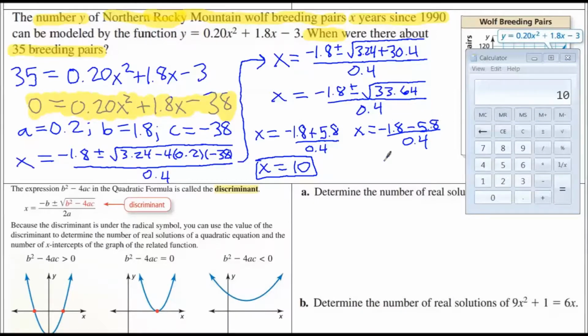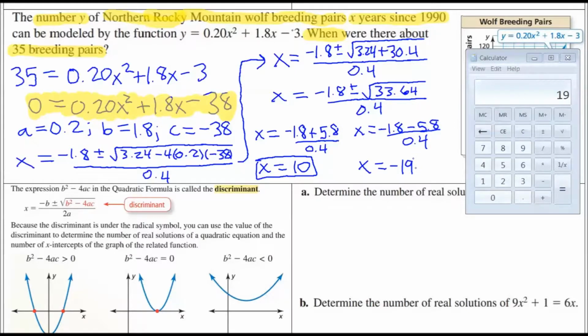So I'm going to end up in the negatives, and I'm going to add the absolute values because you're going away from 0 both times. So that's 1.8 plus 5.8, right? So -7.6 divided by 0.4, -19. So x equals -19.